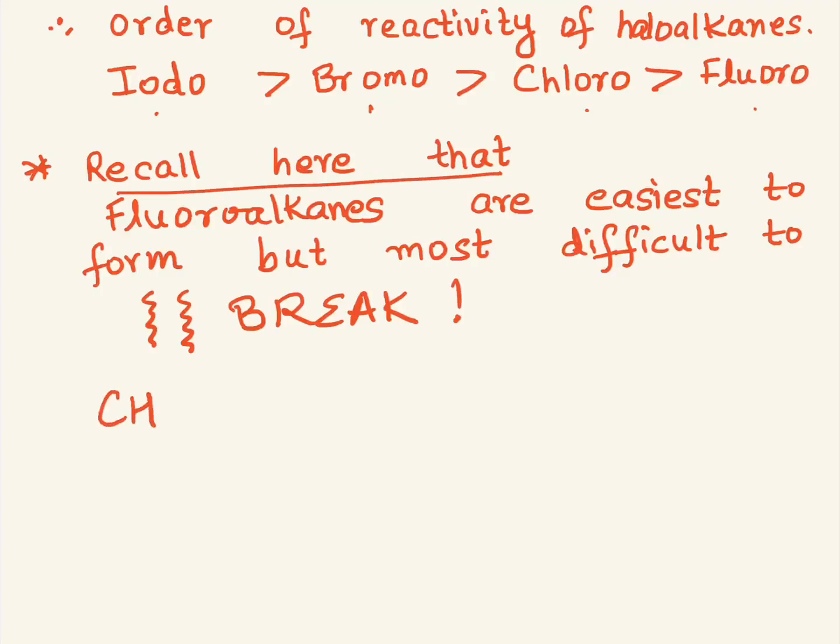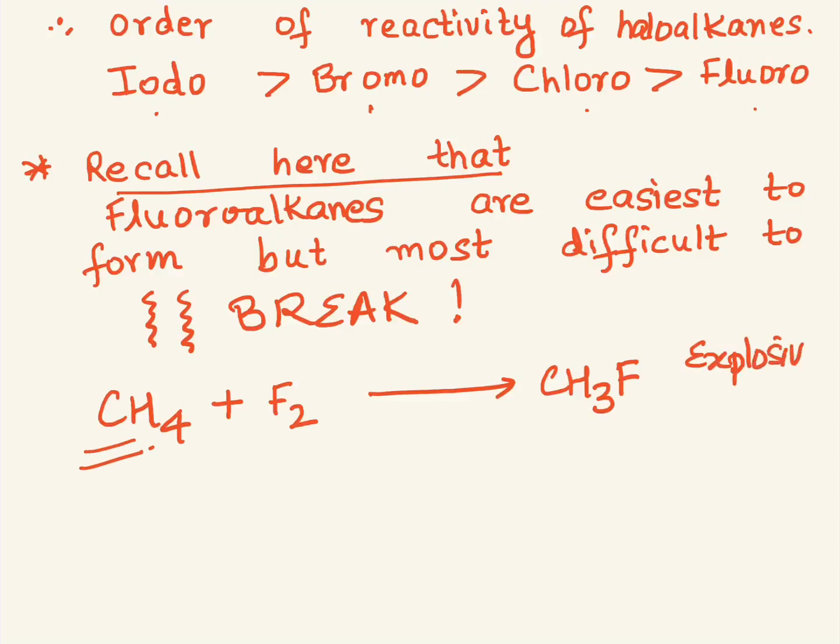You recall when you were making the haloalkanes, we had said that we don't carry out the reaction between an alkane and fluorine. So if we want to form CH3F, we do not carry out this reaction because we said that this reaction is explosive, right?